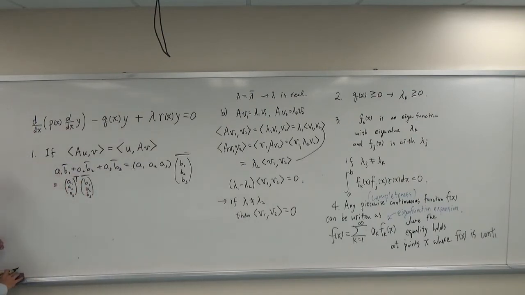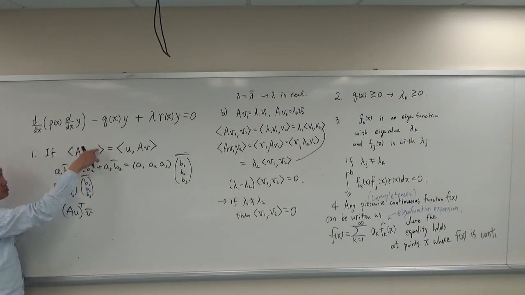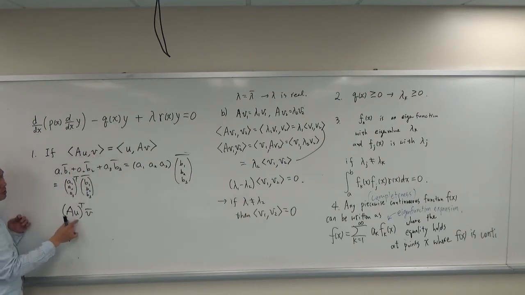Now, under this inner product, let's see what this condition is saying. It's saying that if you have A U transpose V bar, that's this inner product, right? We're thinking of all the vectors as column vectors, okay? So we have column vectors, and then you multiply them, and the second one has a bar.